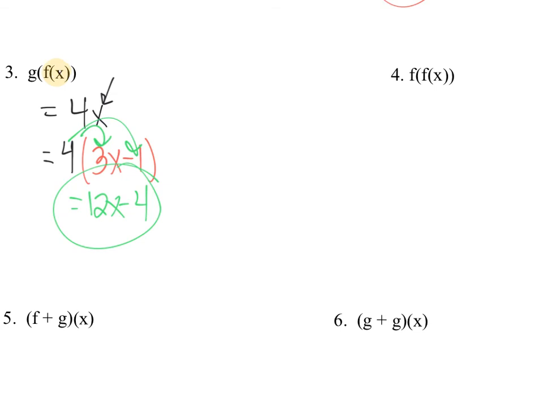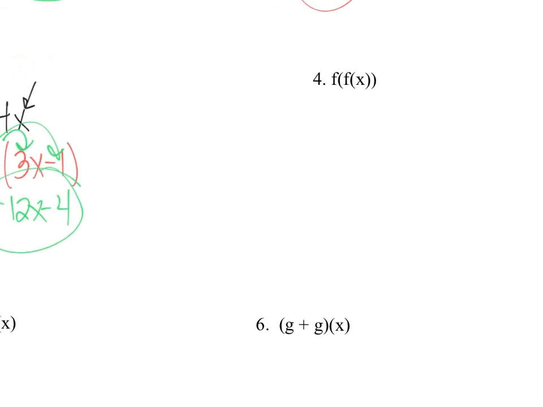Okay? Now, same thing that we did with g of x, we're now going to do with f of x. So, what's the first thing I see? F, right? I can only see f. So I'm going to write down 3x, and now I look inside my parentheses.